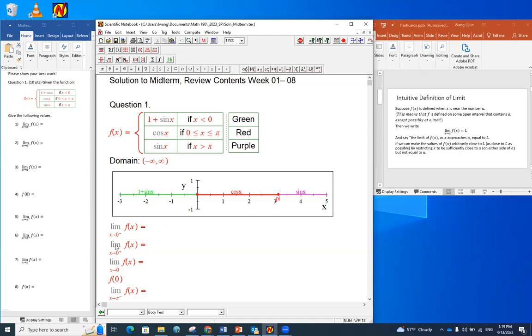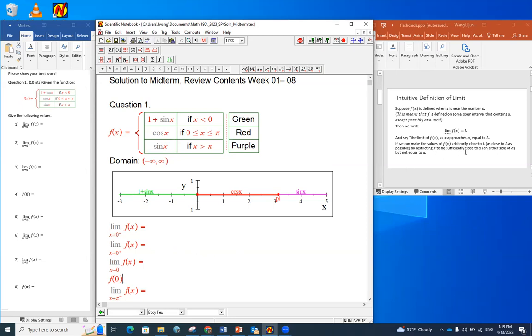So when you look at 0, there are 4 questions about the function: the limit from left, the limit from right, the limit at 0, and the function's value at 0. All these 4 are the questions under consideration.